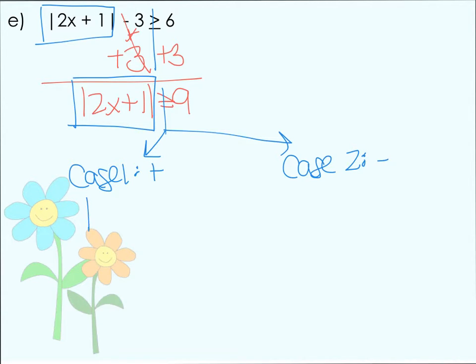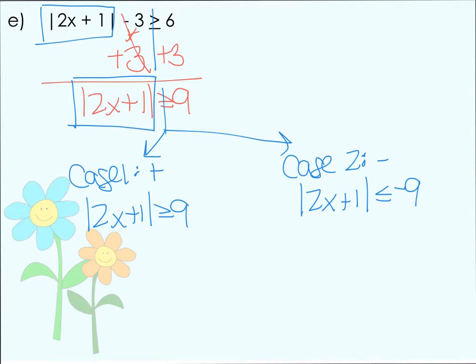Setting this one up. So 2x plus 1 greater than or equal to a positive 9. And rewriting it, but to a negative, less than or equal to a -9.